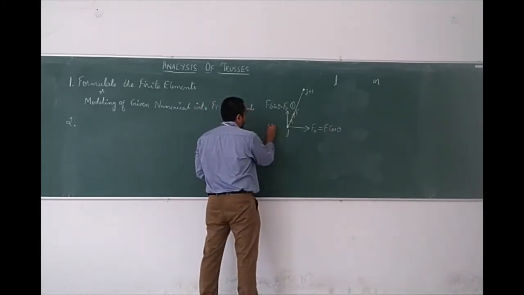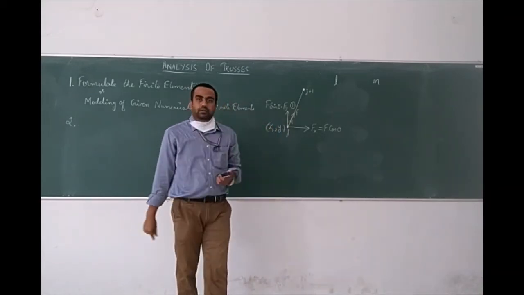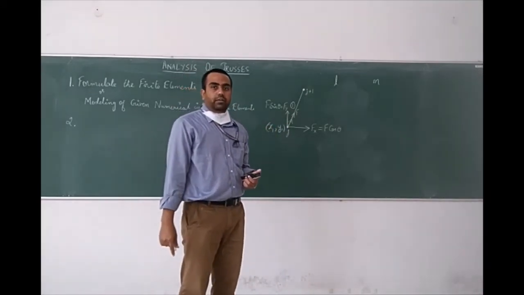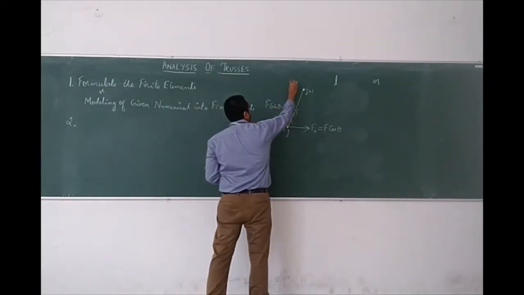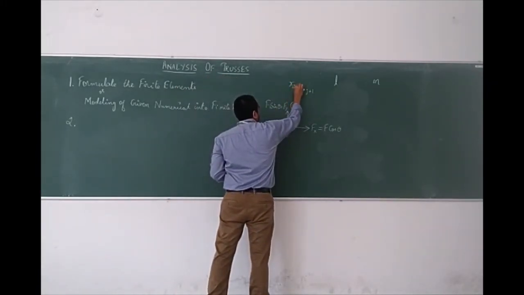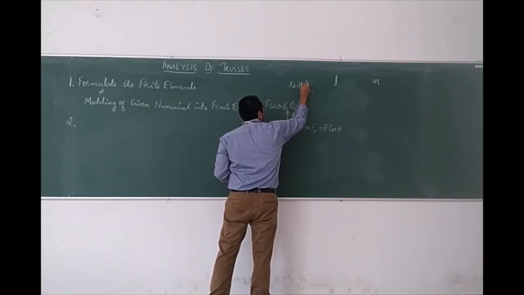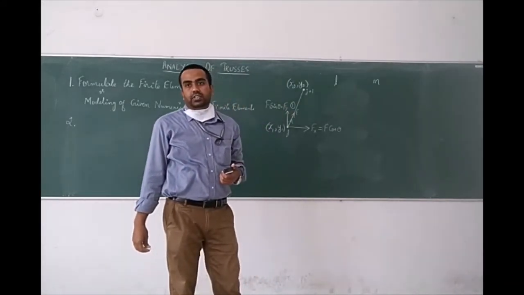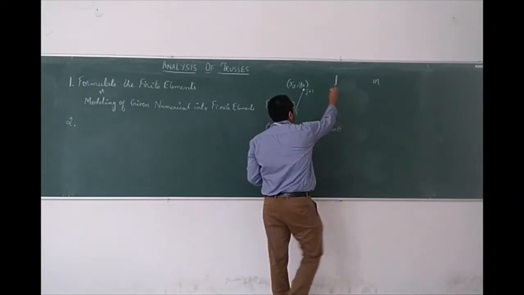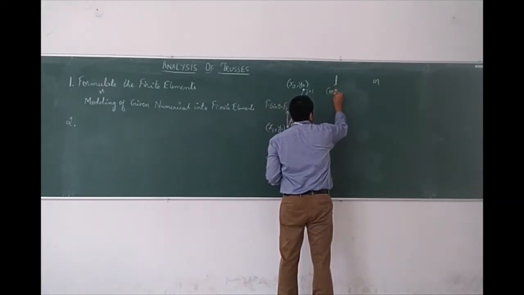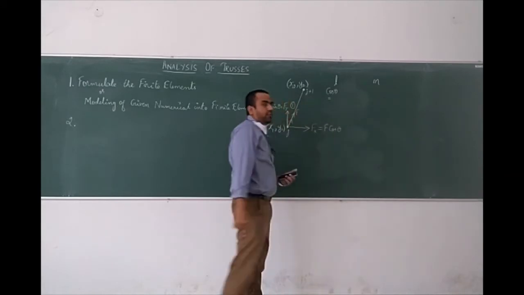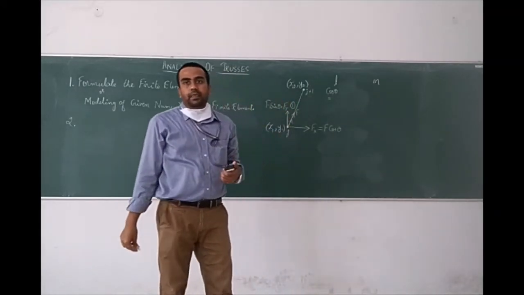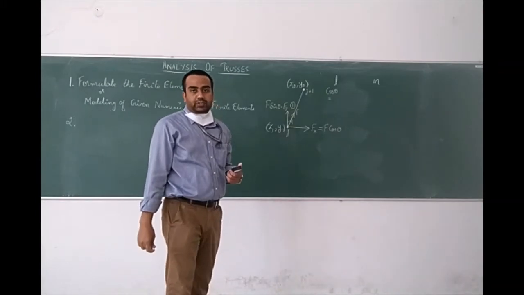If node J has the coordinates x1 and y1, and node J plus 1 has the coordinates x2 and y2, then the value of l, which is cos theta, is x2 minus x1.